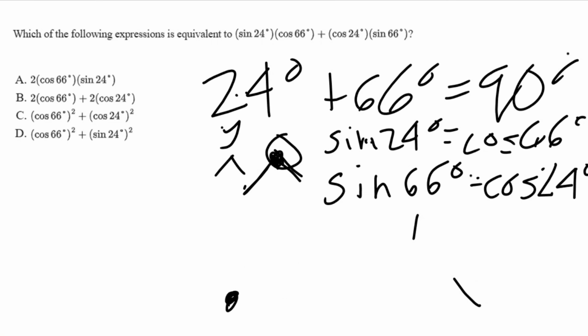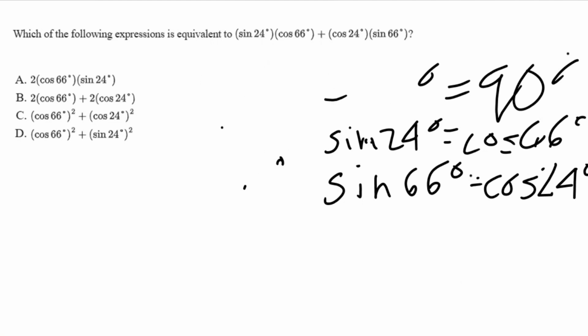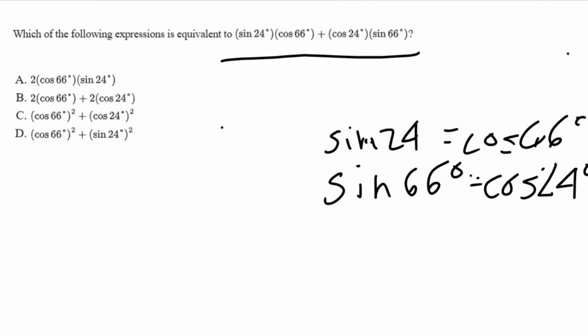Right, so that's the key thing to know here with our complementary angles. So using that idea, we should be able to pretty easily solve this problem. Does this expression up here equal expression A?